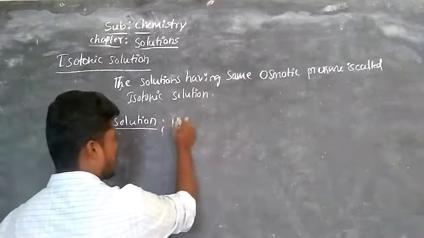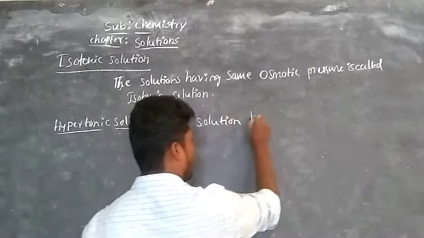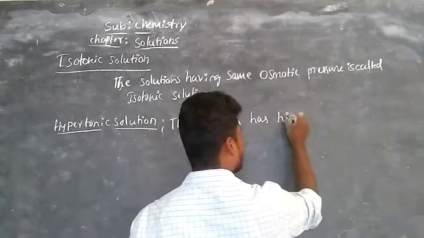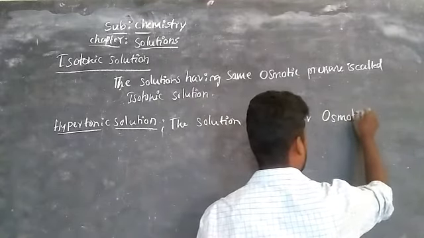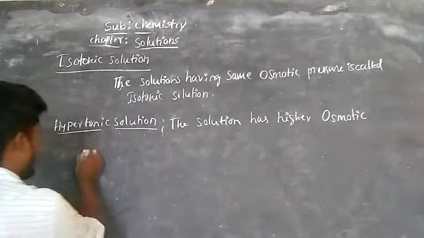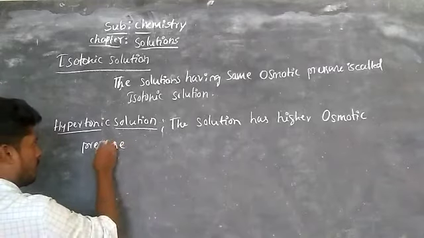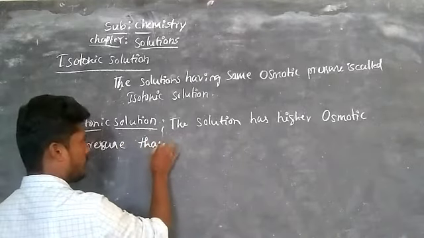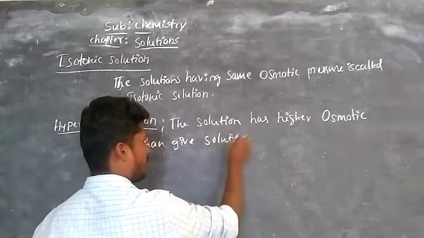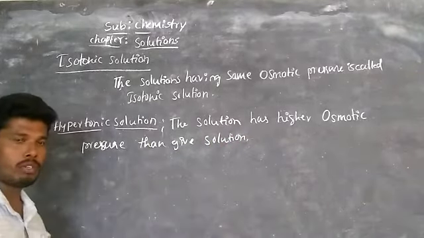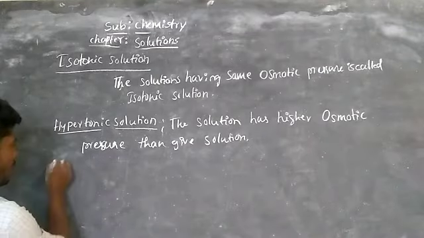That is, the solution has higher osmotic pressure than the given solution. Such solutions we call what? Hypertonic solution. Then next one, hypotonic solution.